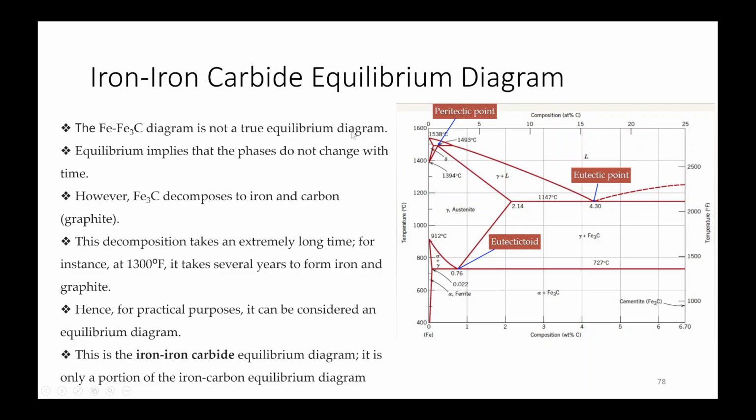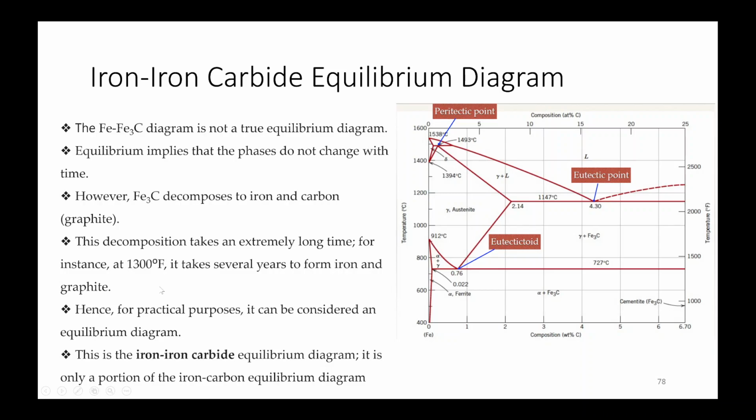the Fe3C diagram is not a true equilibrium diagram, and equilibrium implies that the phases do not change with time. However, in the case of cementite, it decomposes to iron and carbon, and this decomposition takes an extremely long time.